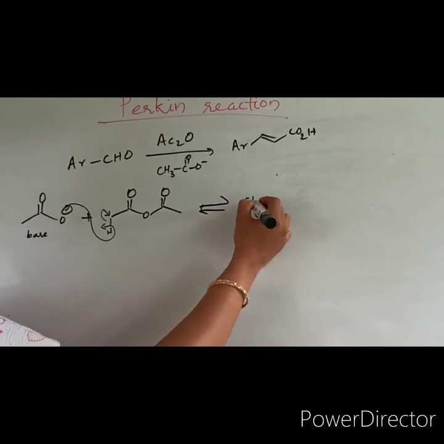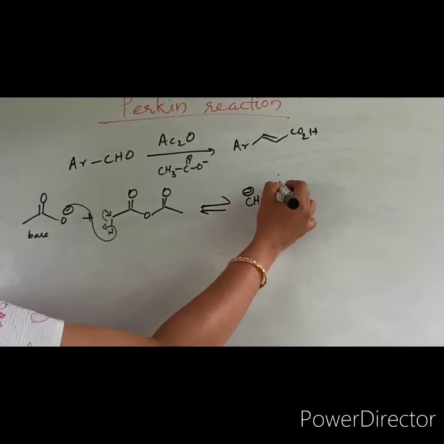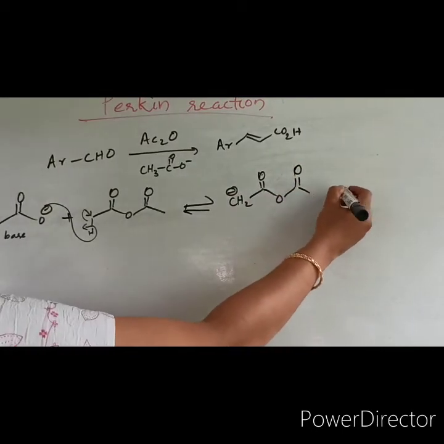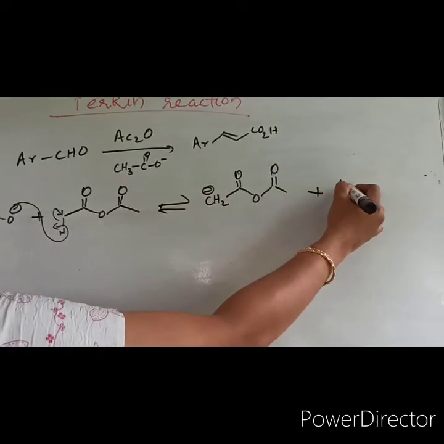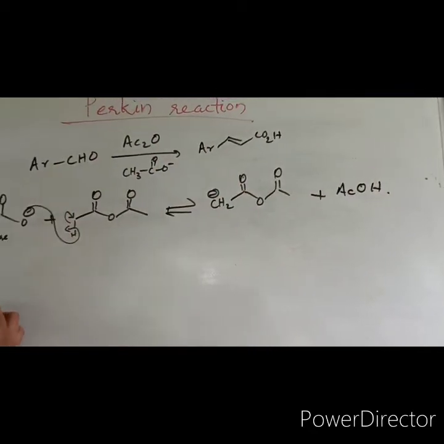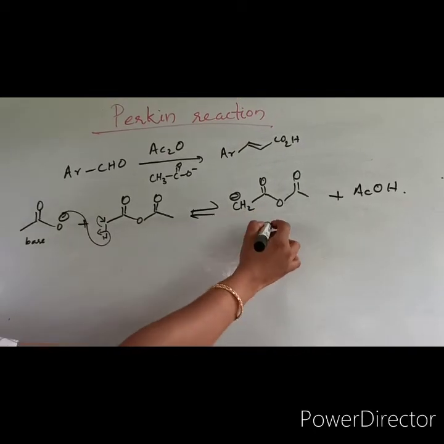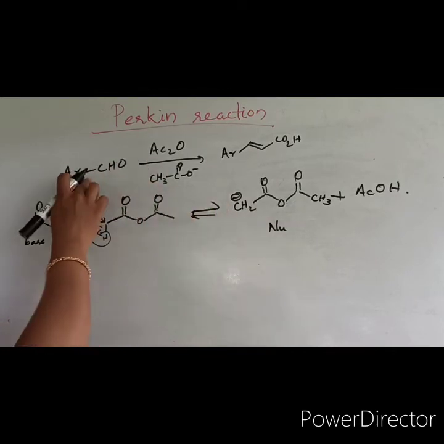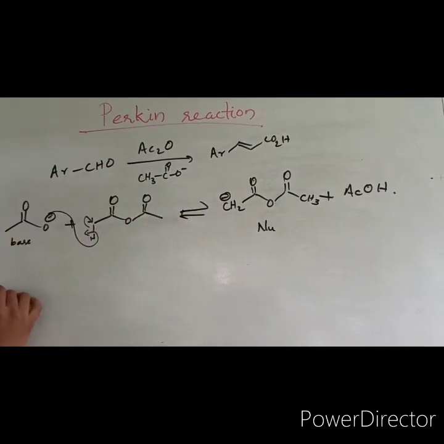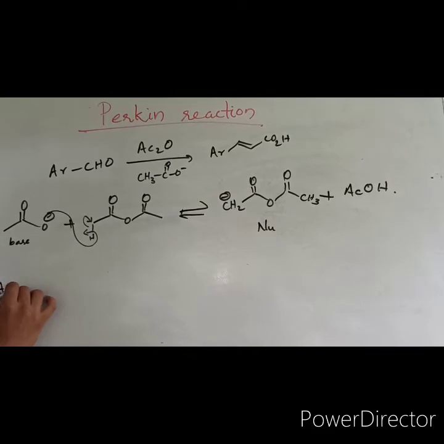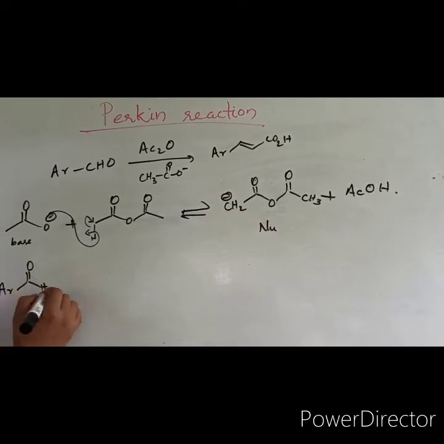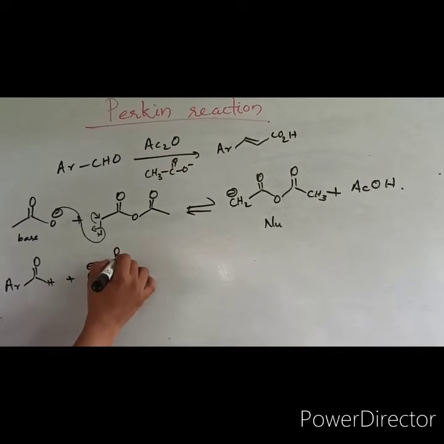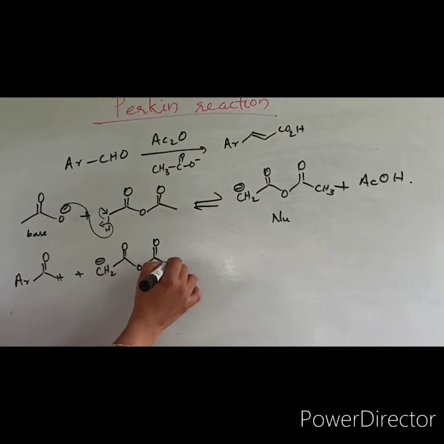So you will be getting CH2 minus, C double bond O, C double bond O, CH3, plus this will be becoming acetic acid, AcOH. In the next step, this is now our nucleophile. So the nucleophile will be attacking the aromatic aldehyde, which is our electrophile. So let us write Ar C double bond O H. This is our electrophile, plus our nucleophile generated from anhydride by the carboxylate anion.